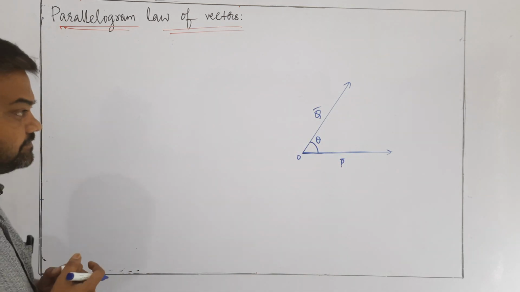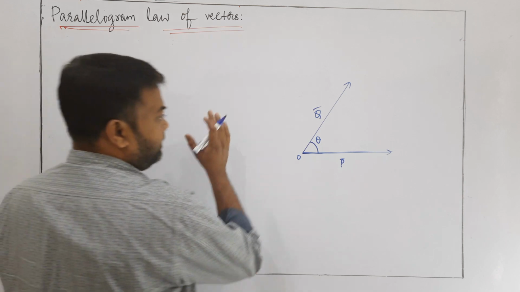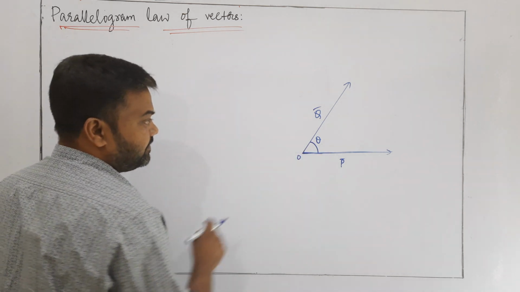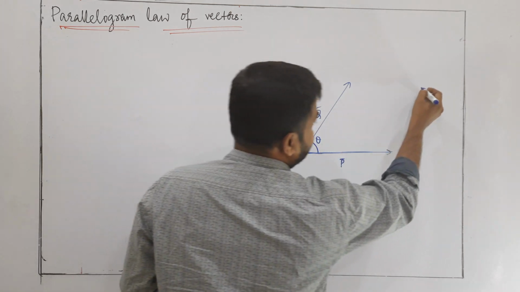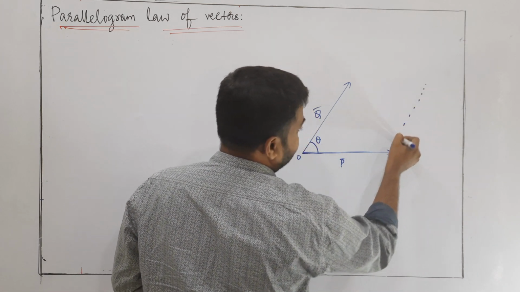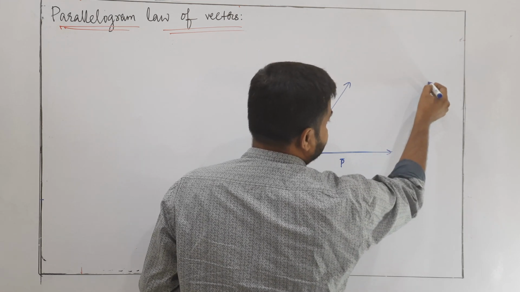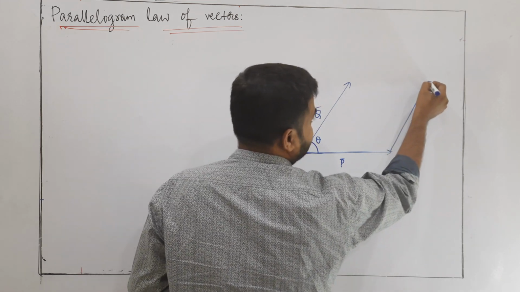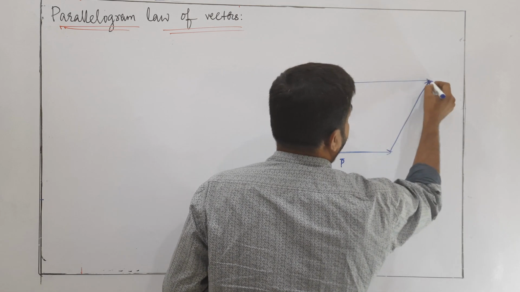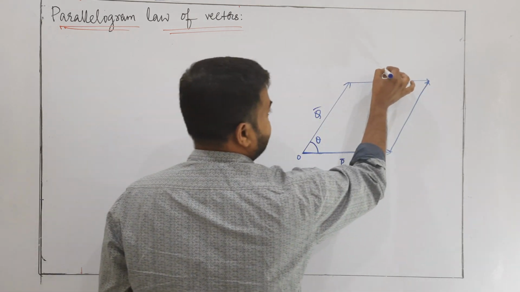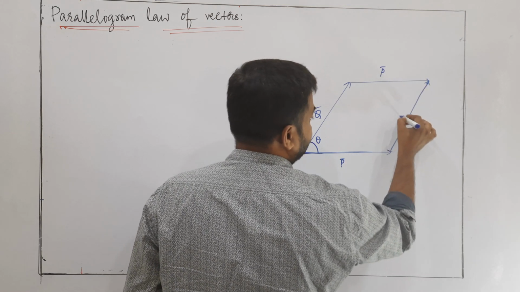The parallelogram law says that when two vectors are acting at one point, they are adjacent sides of a parallelogram. If this one is P bar, here also we have P bar, and this one is also Q bar.